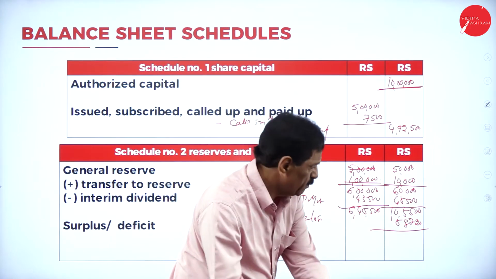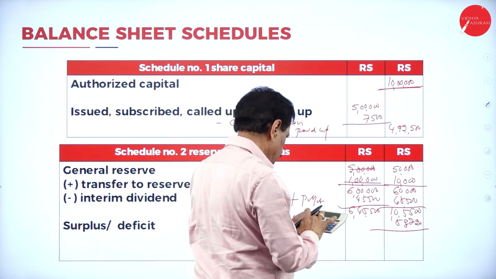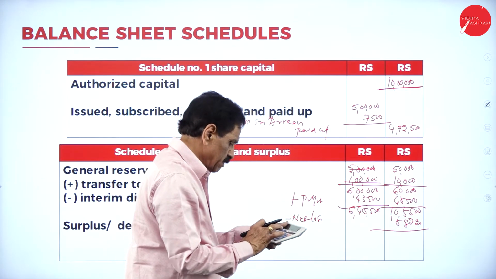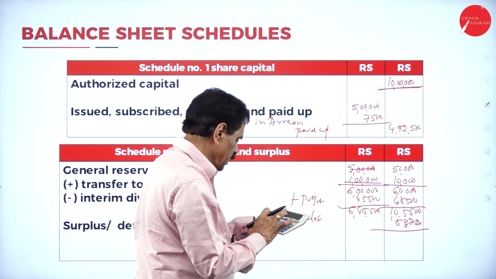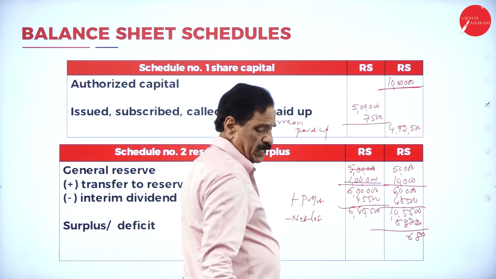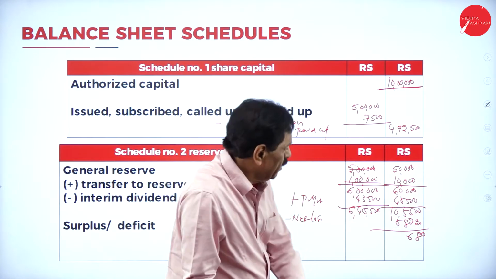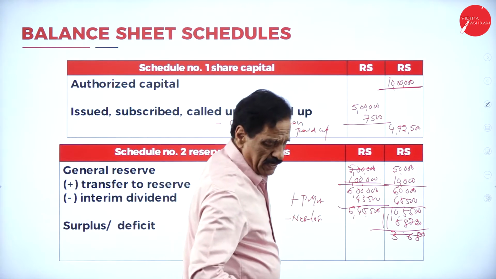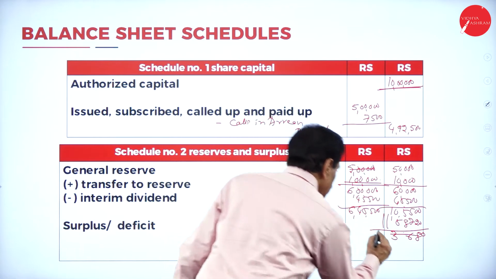Deduct. 1,05,500 minus net loss 58,720. The balance is 36,780.